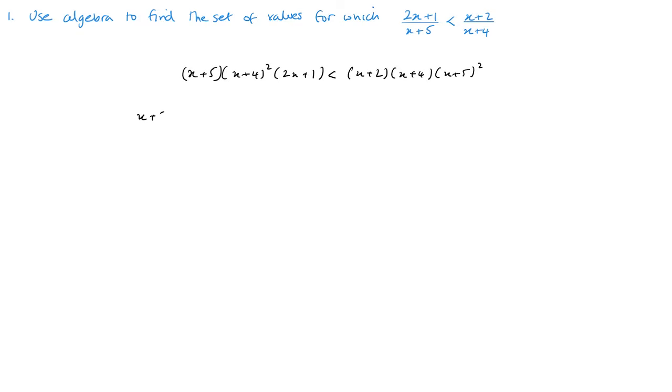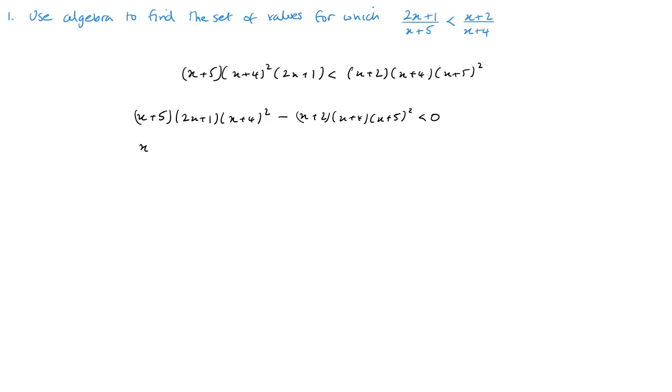So x plus 5, 2x plus 1, x plus 4 squared, minus x plus 2, x plus 4, x plus 5 squared, and then that is less than 0.